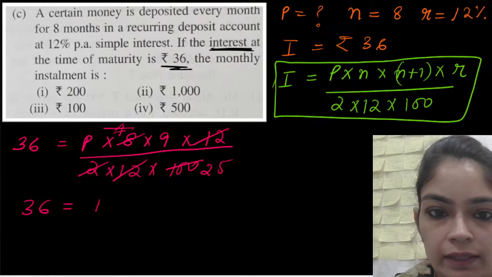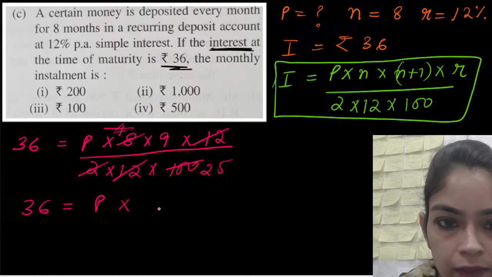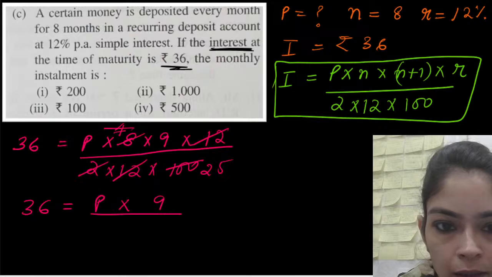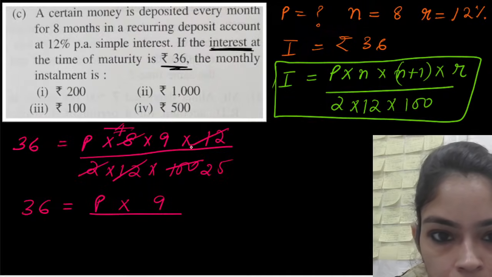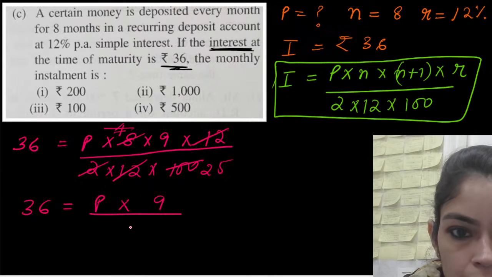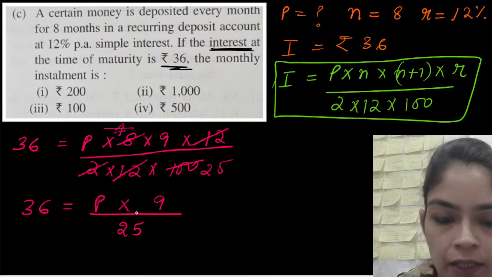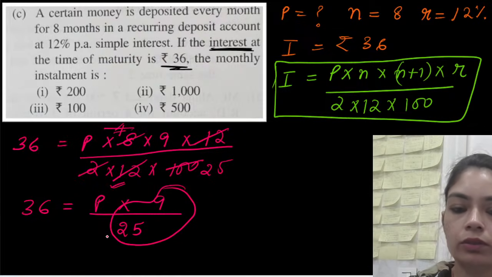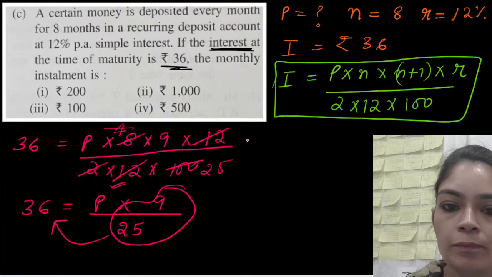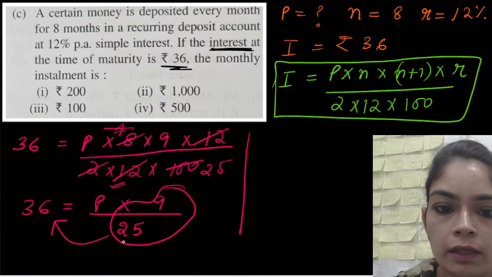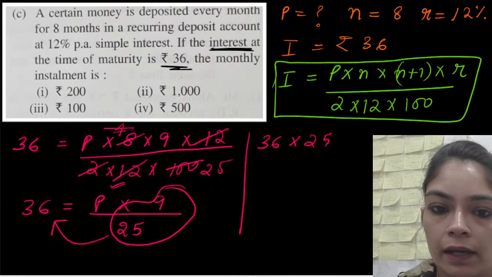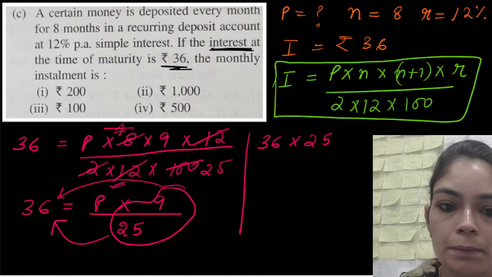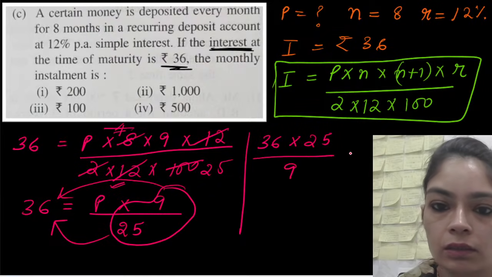So I am left with 36 is equal to P into 9 by 25. Now, these things are extra here because P we have to find. So let's shift these things to the other side. 25 is getting divided, so it will go up. And 9 is getting multiplied by P, so it will come down here.